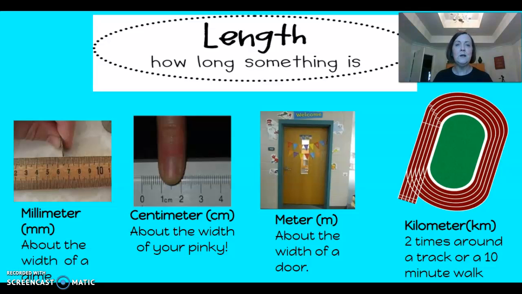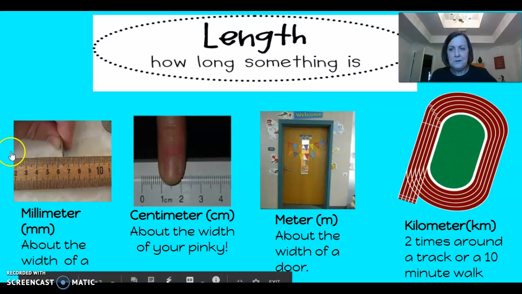Okay, so let's review some benchmark measurements for length that we can use to relate to the metric system. The first unit is called a millimeter, and this is the millimeter right here, and the abbreviation is MM.